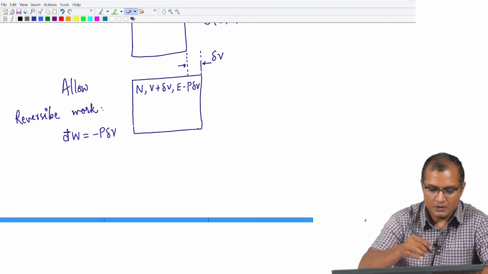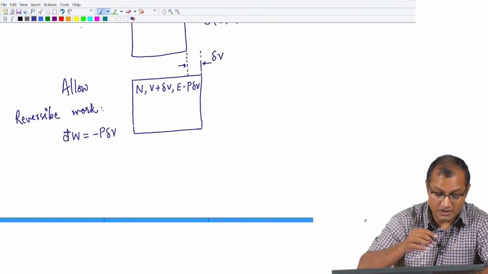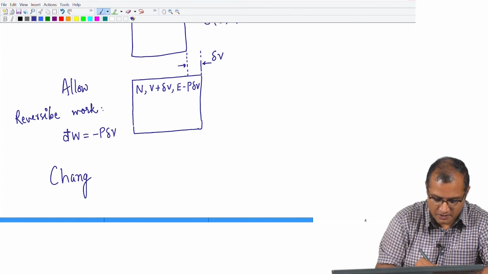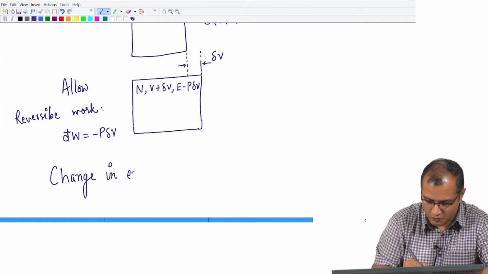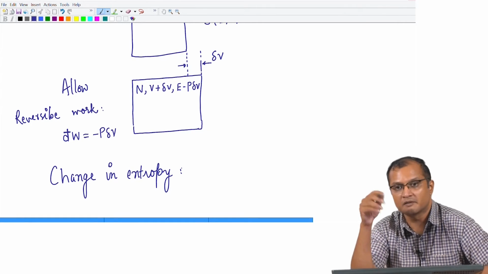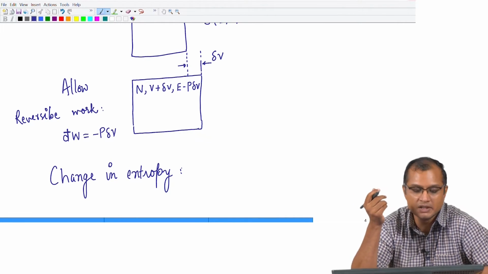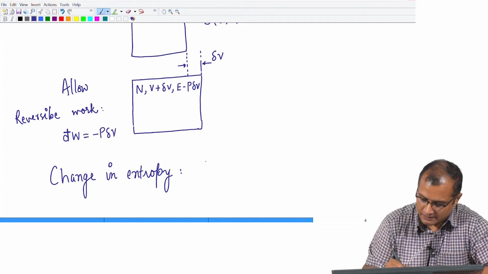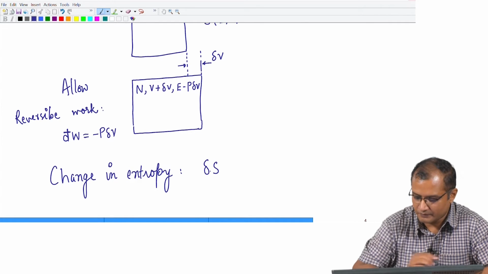Fine. So, let us compute the change in energy, change in entropy. This change in entropy due to this reversible work that we did on our system is basically delta S.